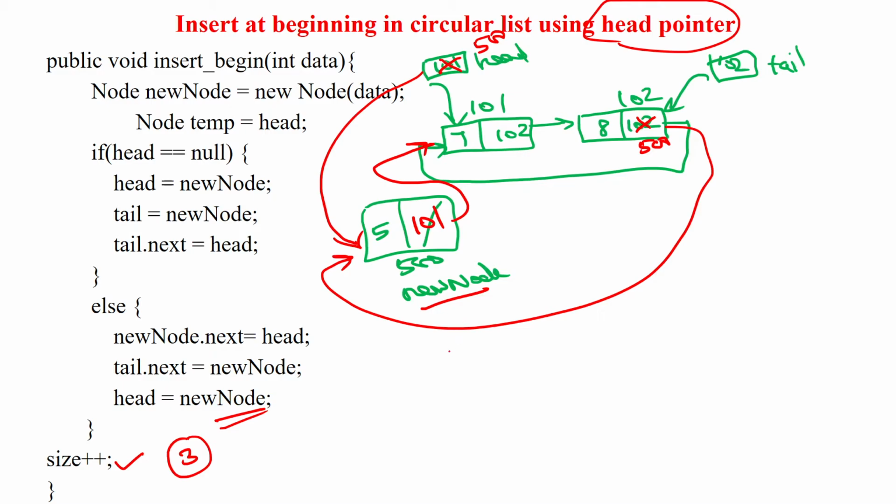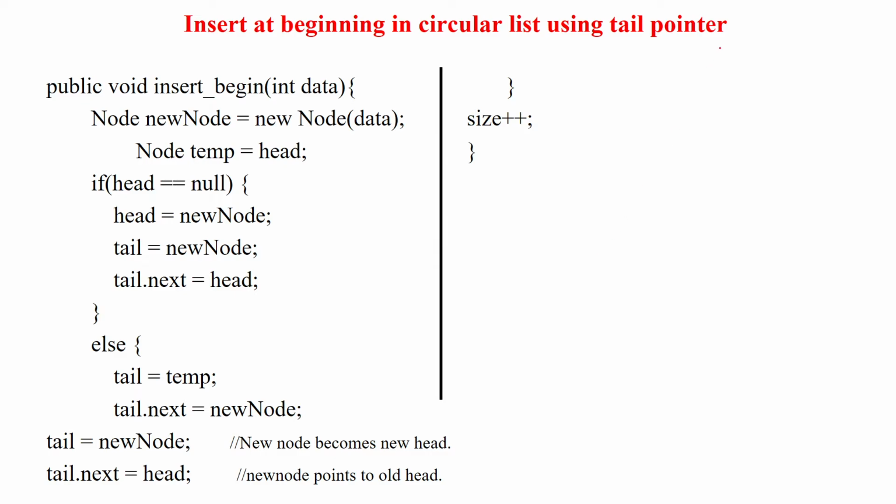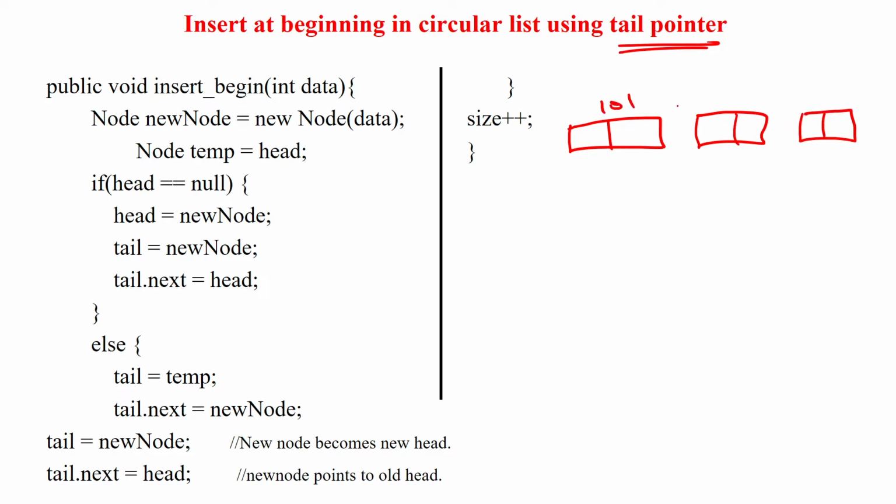Another one, in this case our linked list is represented using the head pointer. And in another case, we can use the tail pointer. In this case, our list is always accessed by using the tail pointer. So here 101, 102, 103.